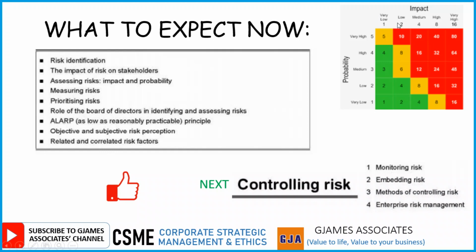Very low, low, medium, high, very high. Those are impacts. And likewise on the probability of occurrence, from very low to low, medium, high, and very high. So we need to know how impactful are they to our organization. Who do they impact? What segment of our business do they impact?